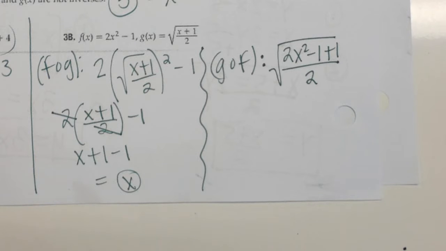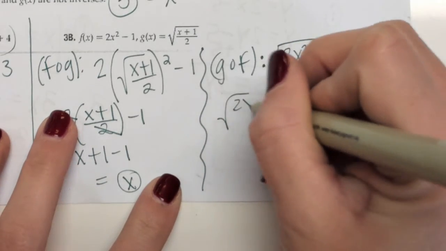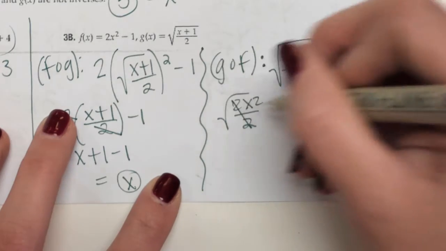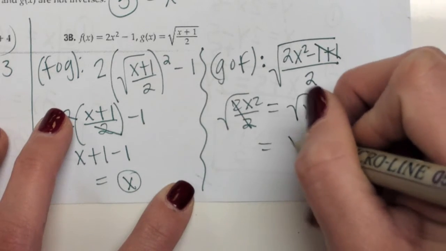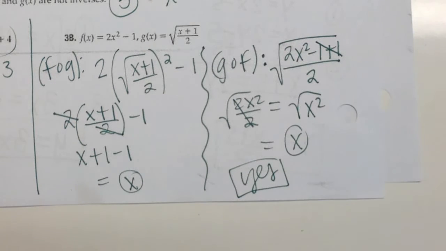What should we do first? Cancel the 1s. Good idea. So we'll have square root of 2x squared over 2. What next? Good. So we have square root of what? Which is? Good. So yes, these two are inverse functions of one another.